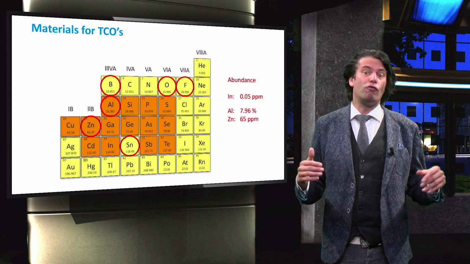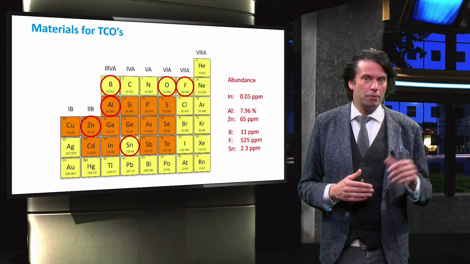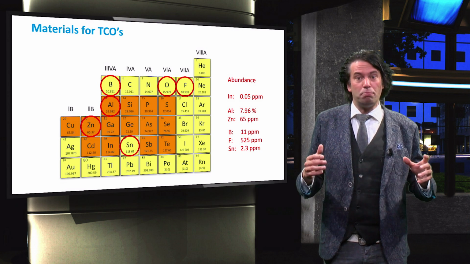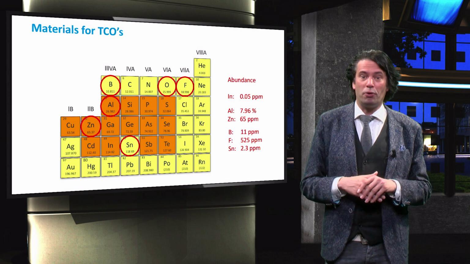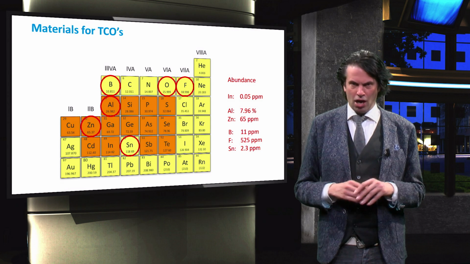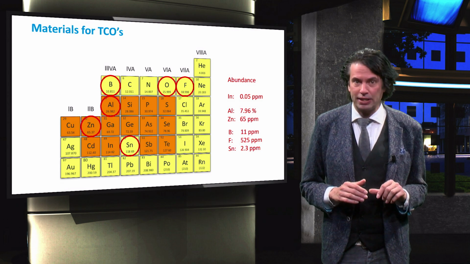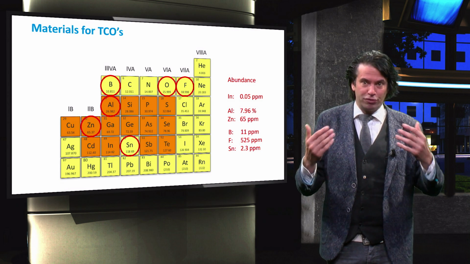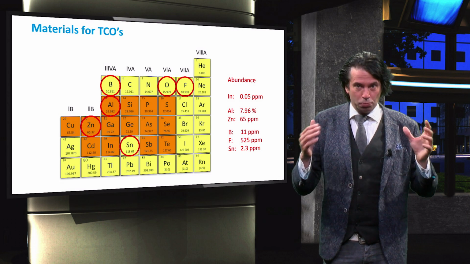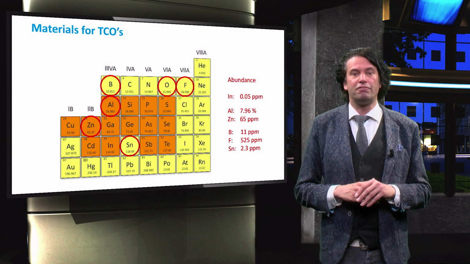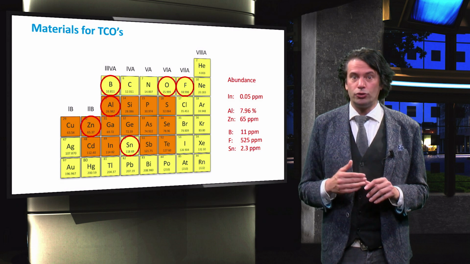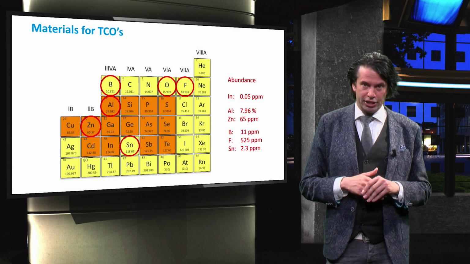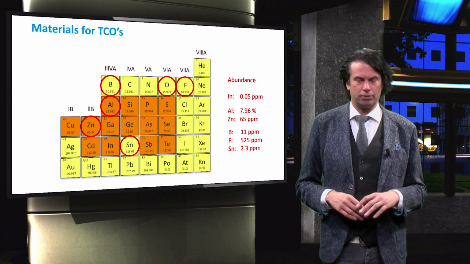The abundance of boron is about 11 parts per million, fluorine is about 525 parts per million, and tin about 2.3 parts per million. However, another important aspect of the implementation of TCOs that should be considered is its resistivity to water. Zinc oxide is more susceptible to humidity-induced oxidation compared to tin oxides.